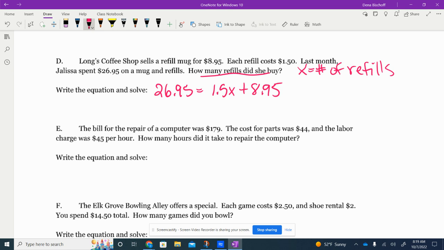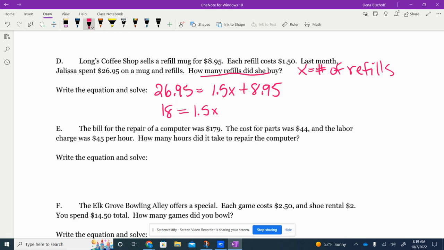So I'm kind of being lazy. I'm not really showing the next step. I'm just saying it out loud. So if I subtract 8.95 from both sides, I get $18. 18 equals 1.5x. So here's how I think about this. 1.5 times 2 is 3, right? 3 goes into 18 6 times.